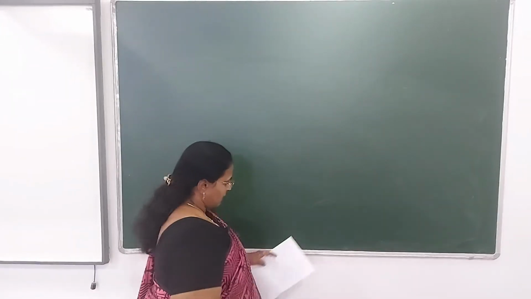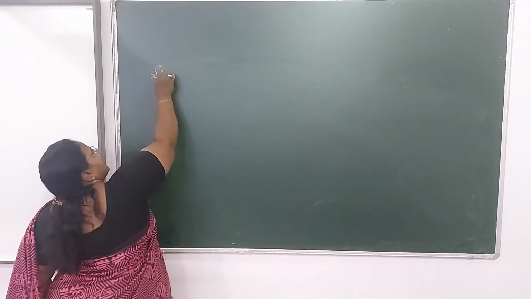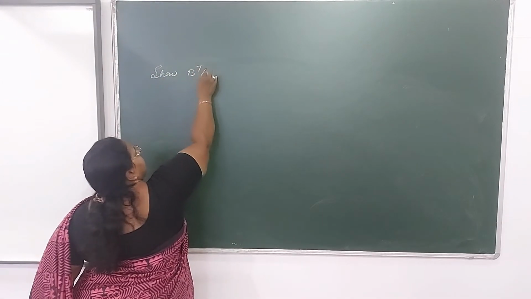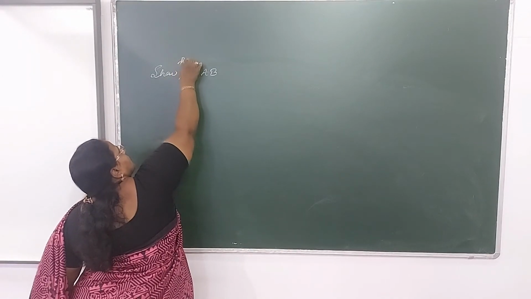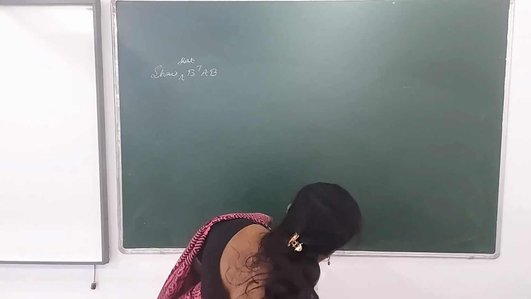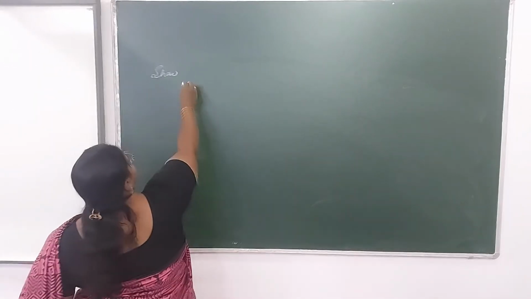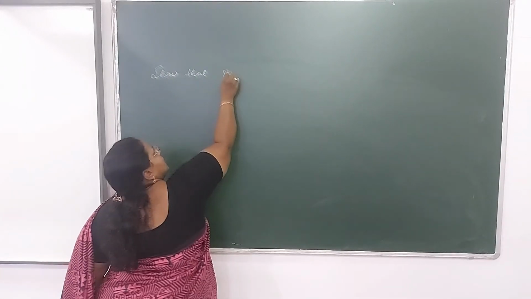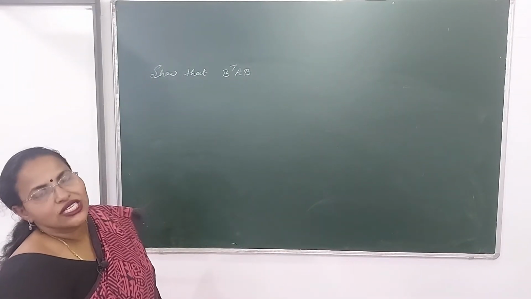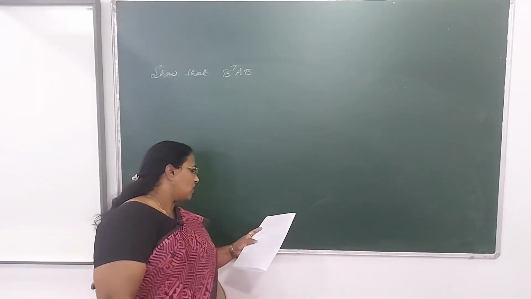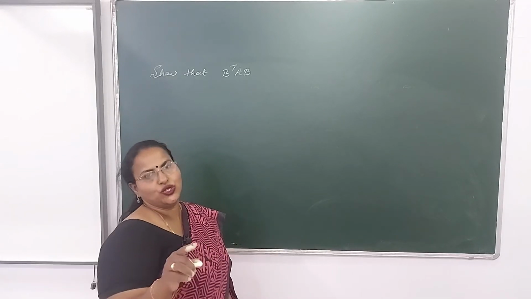Question is, show that B transpose AB is symmetric or skew symmetric according as A is symmetric or skew symmetric.